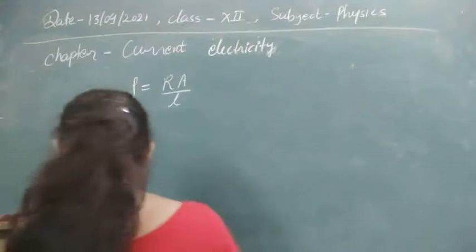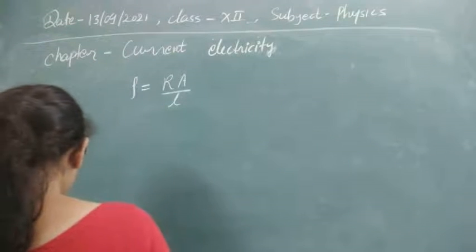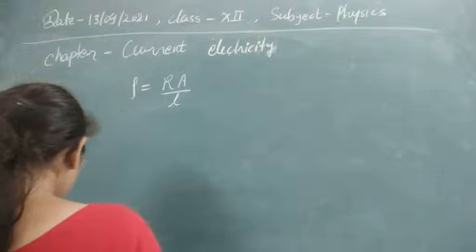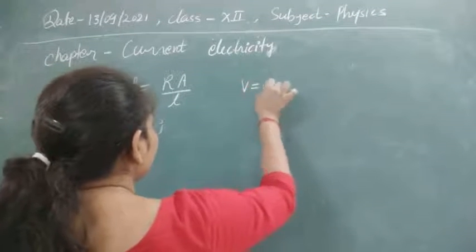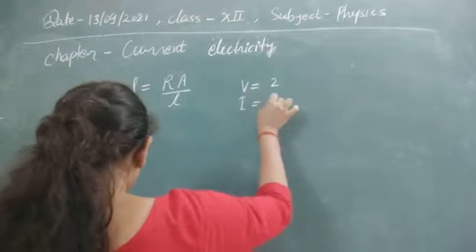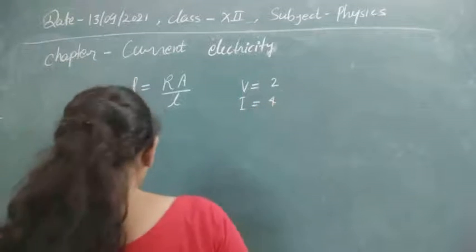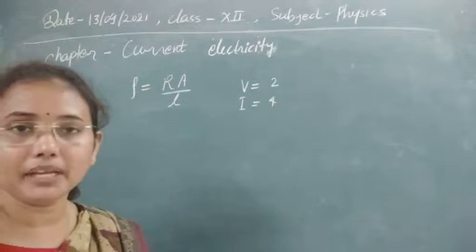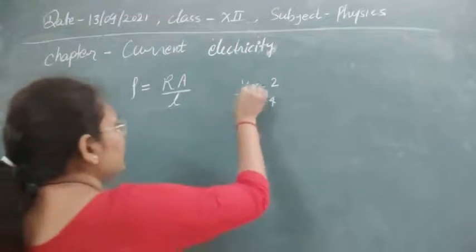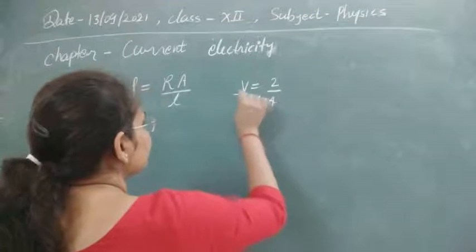Now let's see what is given in our question. The voltage is given, 2 volt, and the current is given, that is 4 ampere. So the nichrome wire is drawing a current of 4 ampere at 2 volt. So we can find out the value of resistance from here.